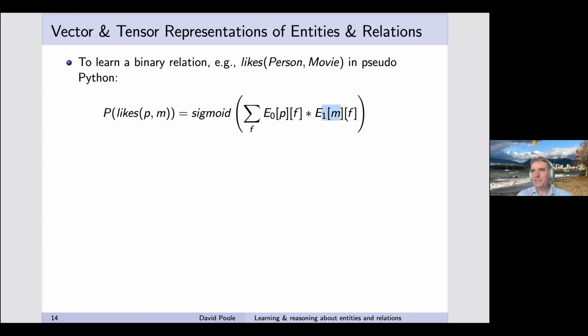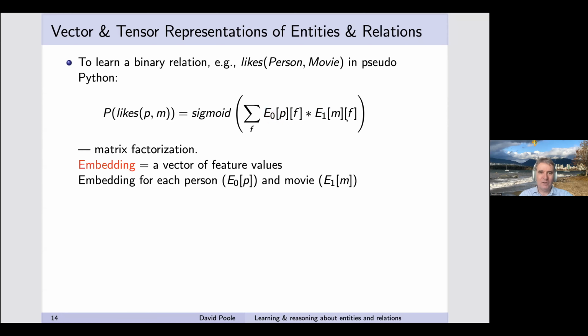And this, of course, is matrix multiplication, where this is the embedding for the person, and this is the embedding for the movie. I wrote this in a weird notation for people who are used to matrices, right? Matrix people wouldn't write it like this. I'd use matrix notation.